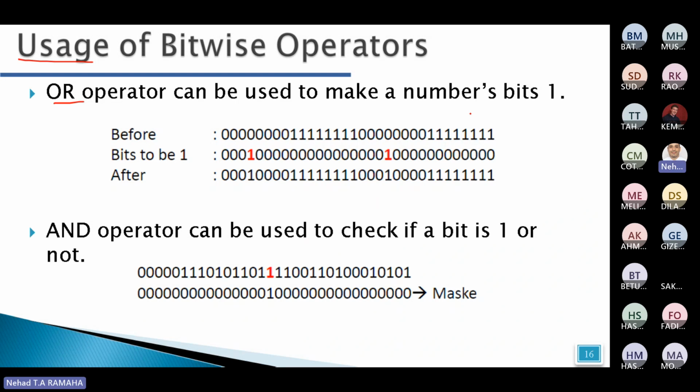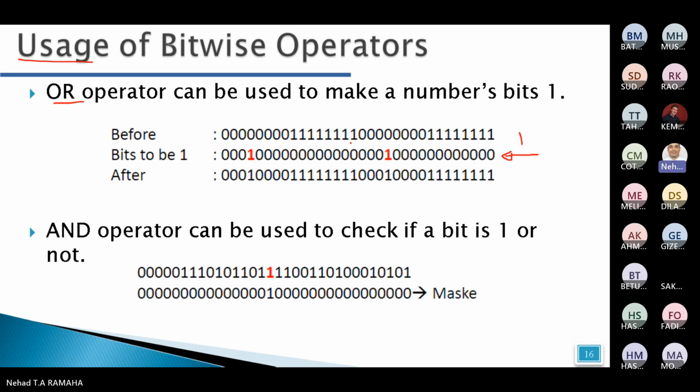Doesn't matter if it is 0 or 1, you want to convert it to 1. In this case, you just make OR with the mask, as we call it, that has everything 0 except the position that you will convert into 1, you will put 1 for it.